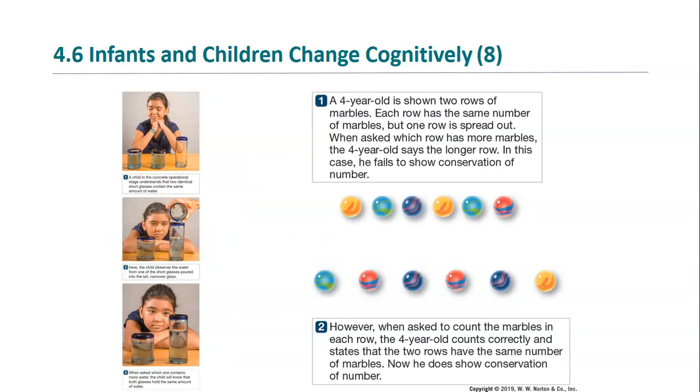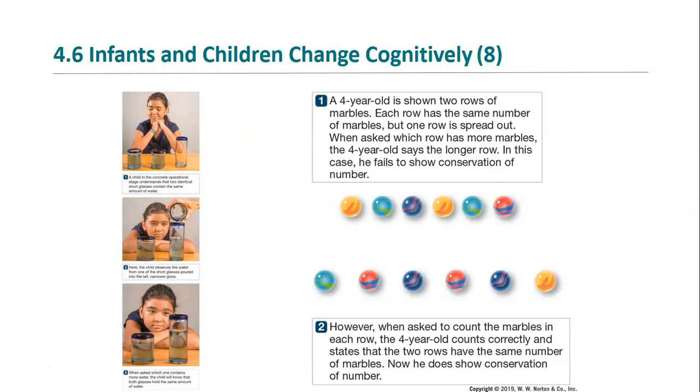A 4-year-old is shown 2 rows of marbles. Each row has the same number of marbles, but one row is spread out. When asked which row has more marbles, the 4-year-old says the longer row. In this case, he fails to show conservation of number. That is, the child cannot attend to number and spacing at the same time.